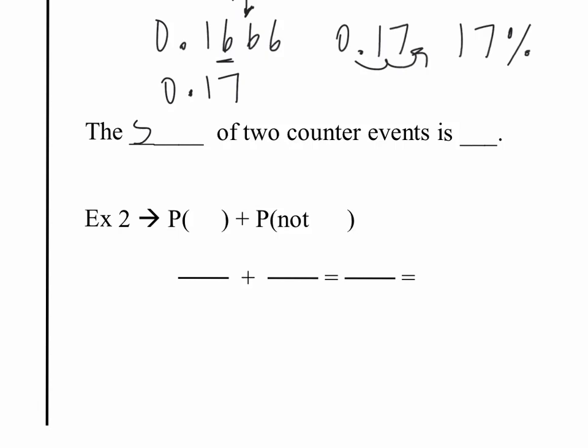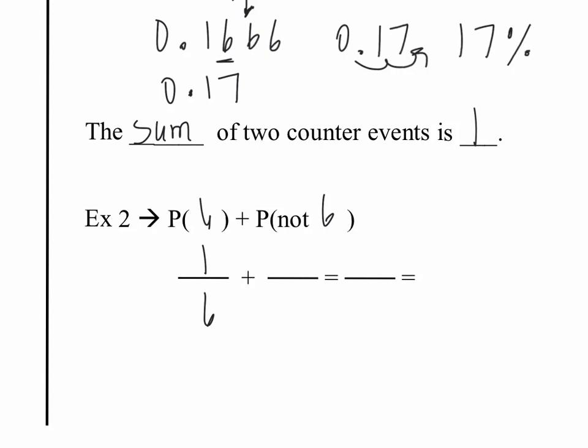The sum of two counter events is 1. An example for this is the probability of rolling a 6 and the probability of not rolling a 6. Well, the probability of rolling a 6 was 1 out of 6.